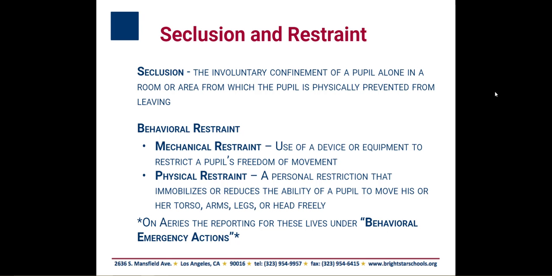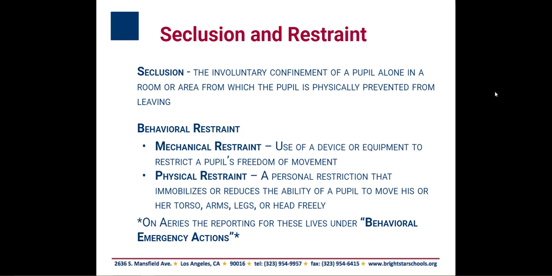Again, in addition to suspensions, expulsions, and other means of correction, there are also situations in which students might need to be secluded or restrained. Seclusion is the involuntary confinement of a pupil alone in a room or area from which the pupil is physically prevented from leaving. Reasons for that might be for the student's or other students' safety. Another thing is restraint, and there are different types of restraint. Mechanical restraint is the use of a device or equipment to restrict a pupil's freedom of movement.